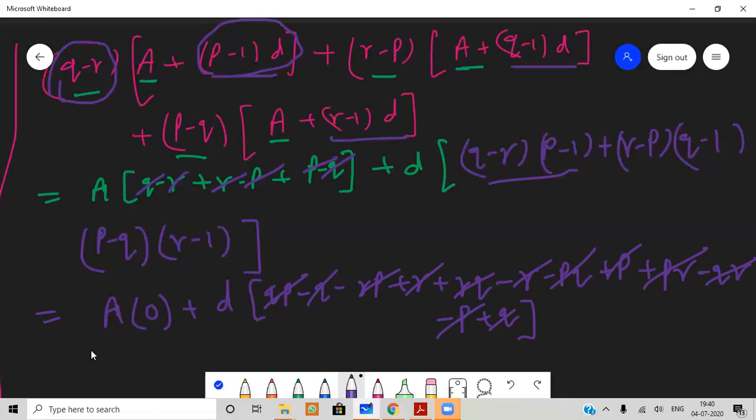So what are you getting finally? You are getting A into 0 plus d into 0, which is equal to 0. That's what we had to prove. So from the LHS, we have proved the RHS. Is that fine?